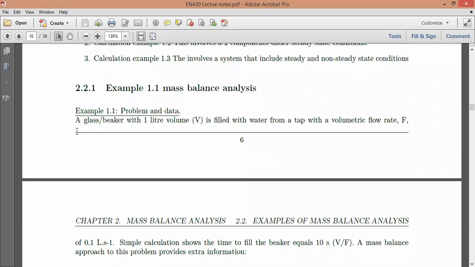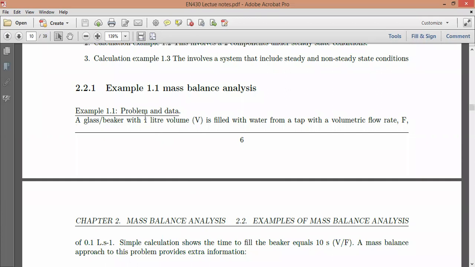So here's a problem: a glass beaker. By the way, there are a number of typos in these notes. I think maybe I just need to redo them, but I'll try to make sure that we read together so that I point out where there could be some mistakes that you may not take note of yourself.